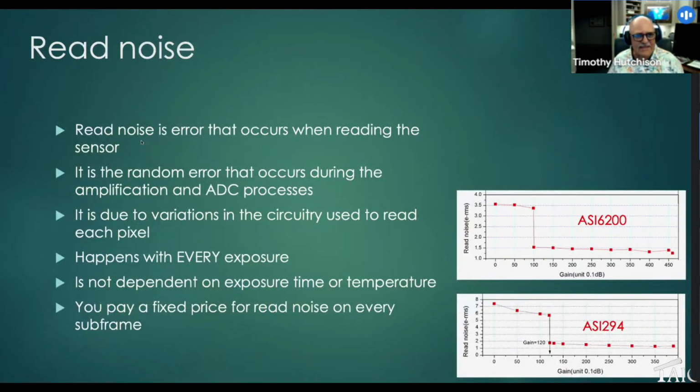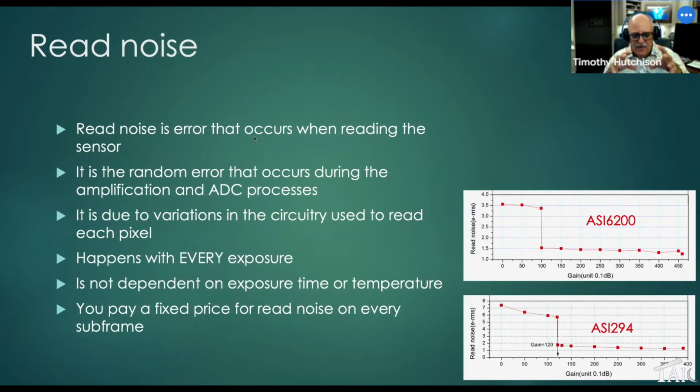Read noise is the error that gets induced into our readings of the photodiode from all of those little bits of electronics that are in the way, right? Electronics are not perfect, right? Nothing that we can create out of silicon is going to be perfect. And so there's going to be little tiny bits of random error that occur during the amplification process and the analog to digital conversion process.